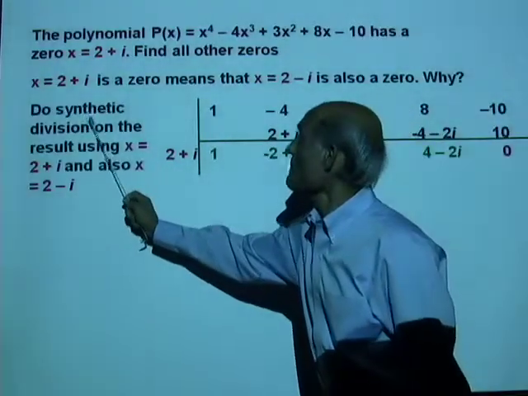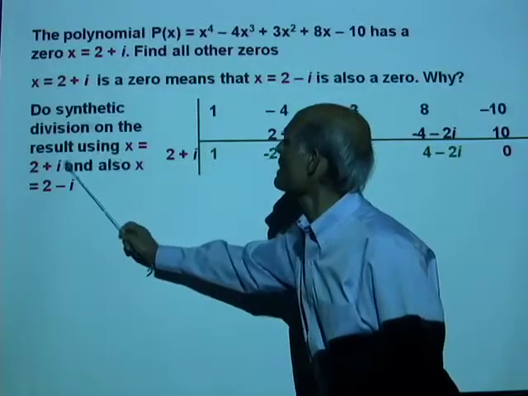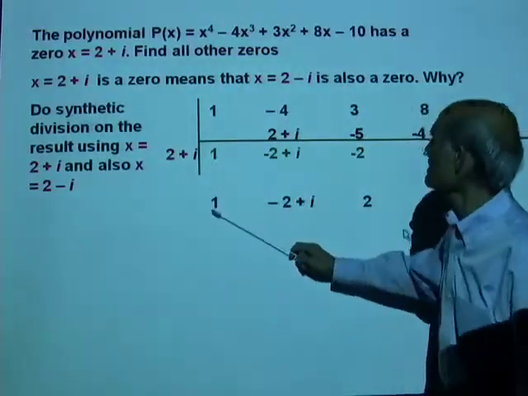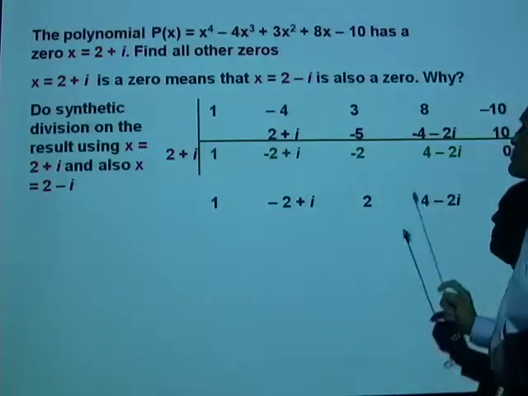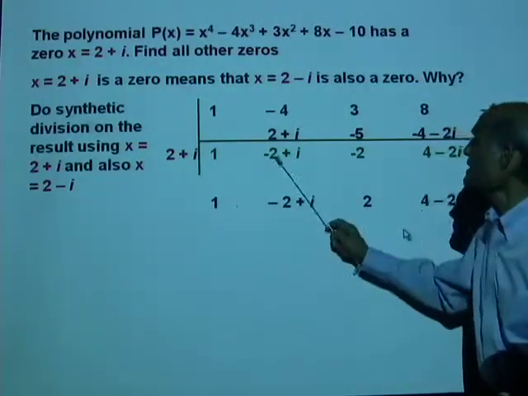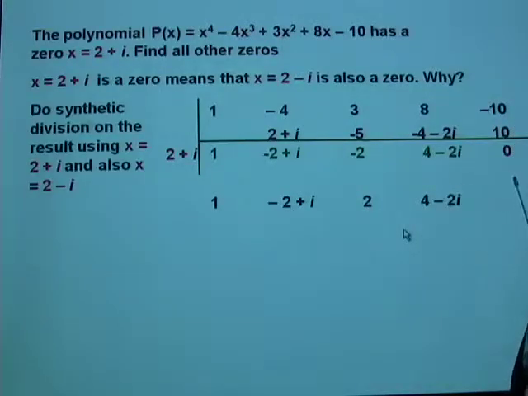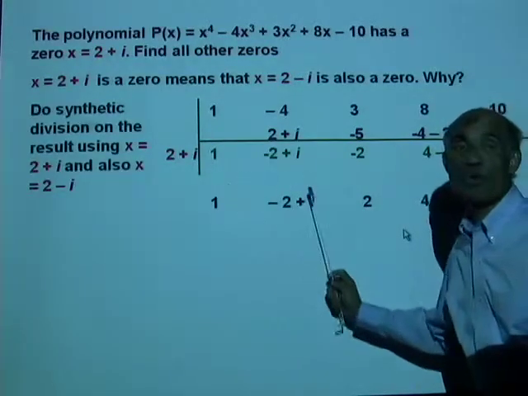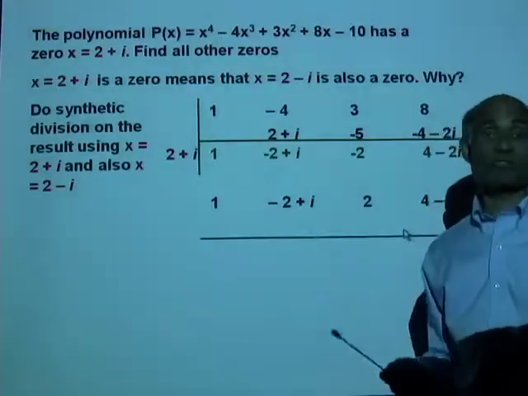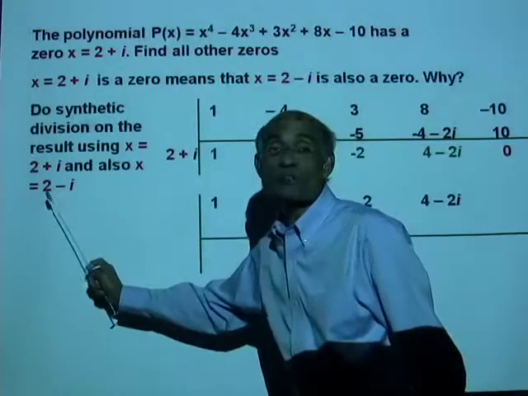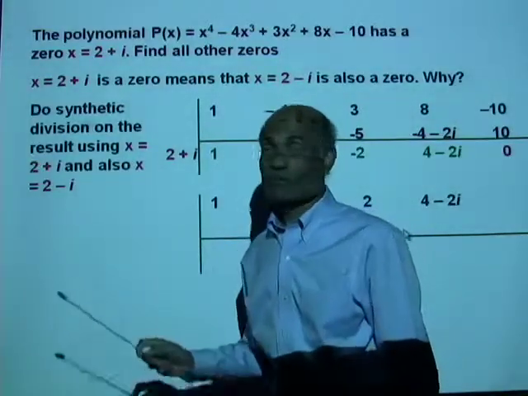So, the synthetic division results in what? The remaining factor has these coefficients: 1, negative 2 plus i, negative 2, 4 minus 2i. And we now do a synthetic division on it by the other zero.